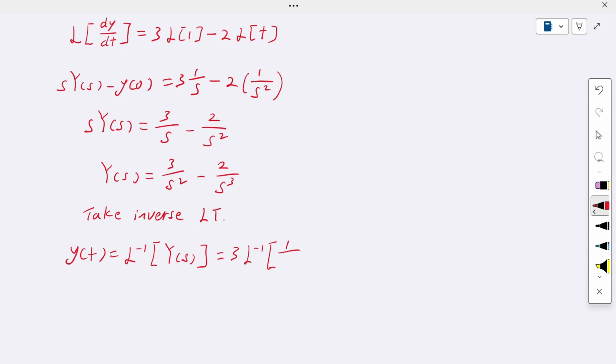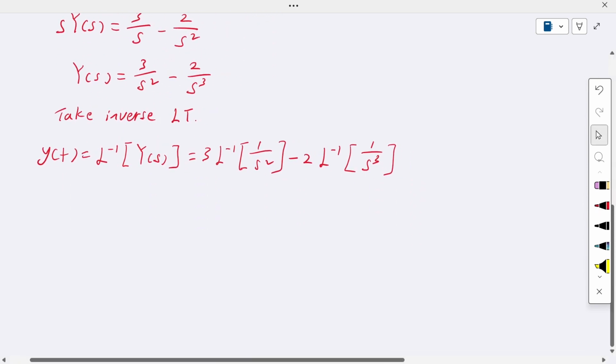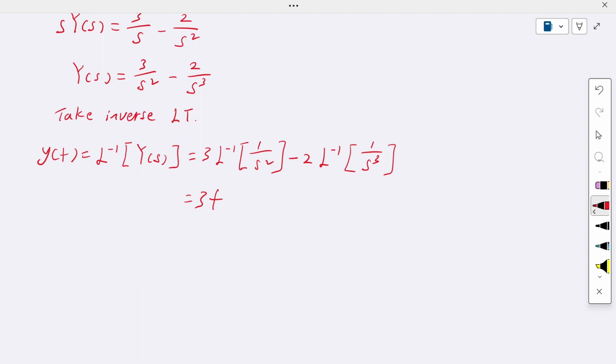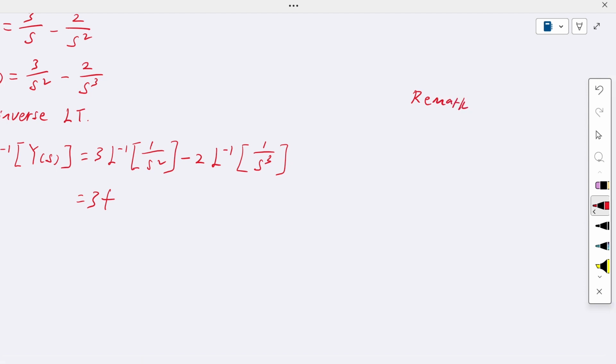So we have 3 times the inverse of 1 over s squared, minus 2 times the inverse of 1 over s cubed. For the first term, the inverse of 1 over s squared is equal to t. Let me put a remark here.